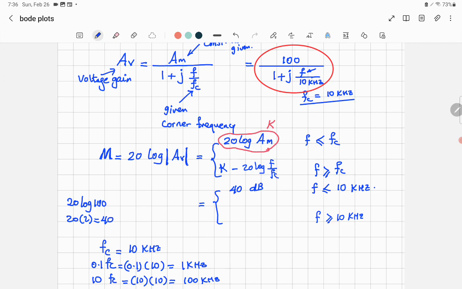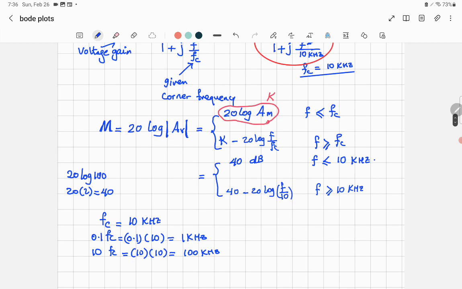So that's the equation for any frequency greater than FC. So let me write it here. K is equal to 40 decibel, the constant value, which is 20 log AM, minus 20 log F over FC, which is equal to 10 kilohertz. I don't have to write kilohertz again because I know it's kilohertz.